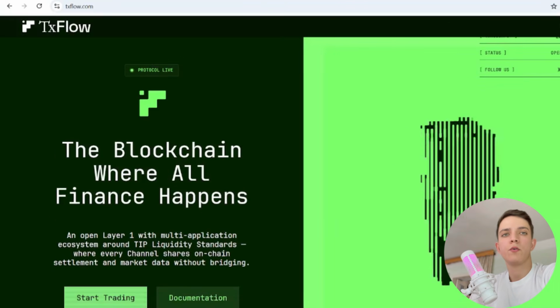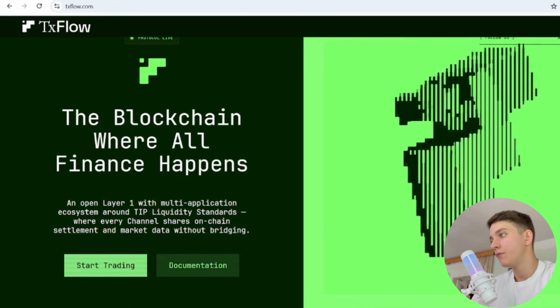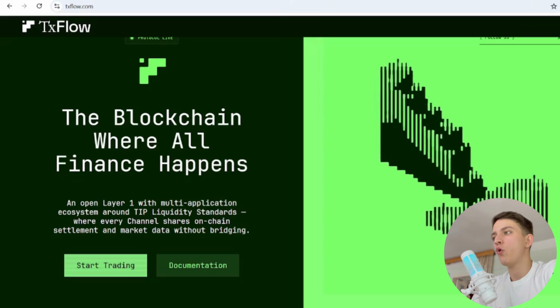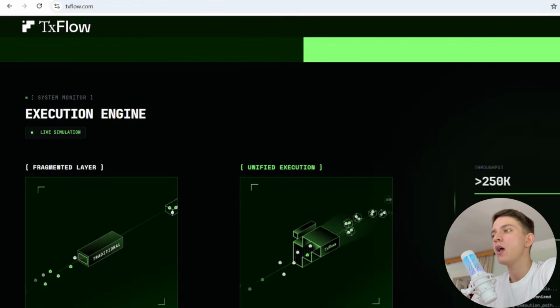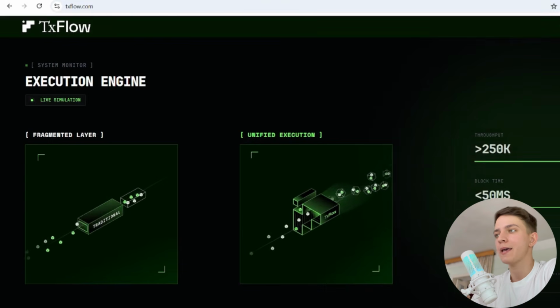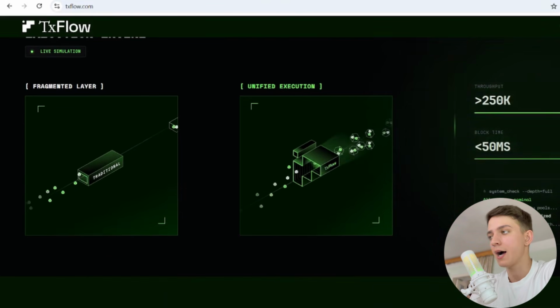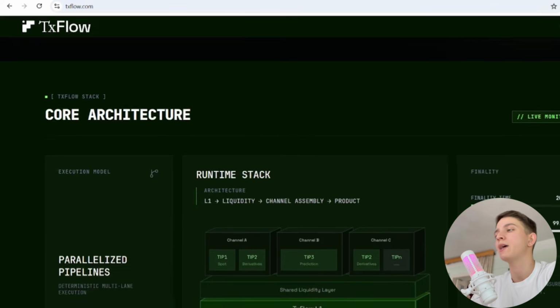First of all guys, I want to start from the home page of TxFlow. It's an open layer one with a multi-application ecosystem built around the CP liquidity standards, where every channel shares on-chain liquidity, settlement and market data without bridging, guys. So what sets TxFlow apart?